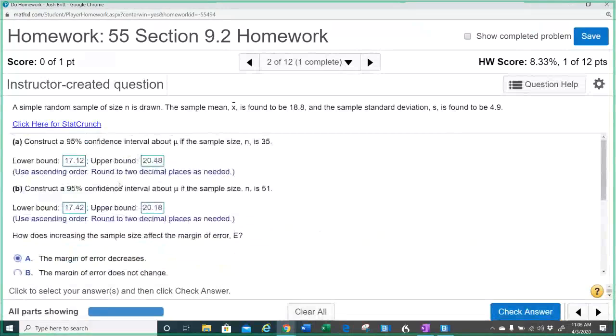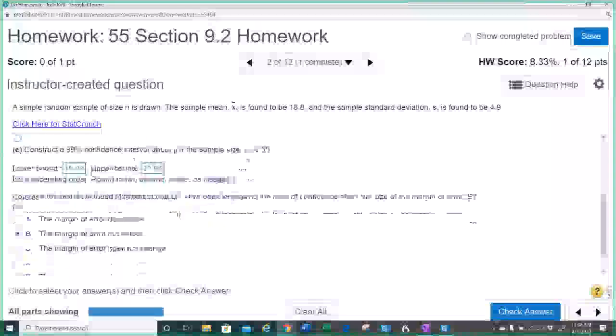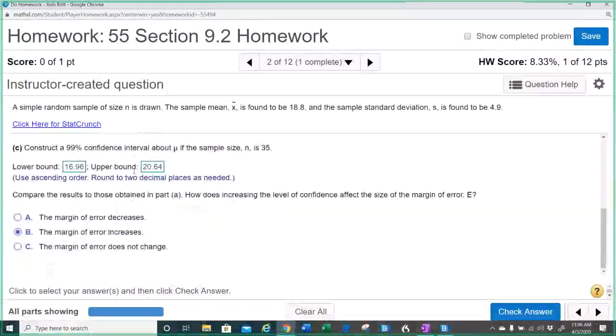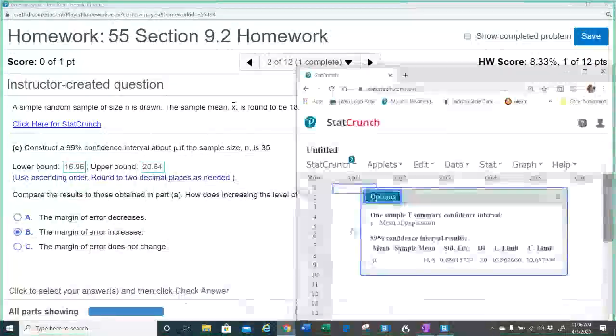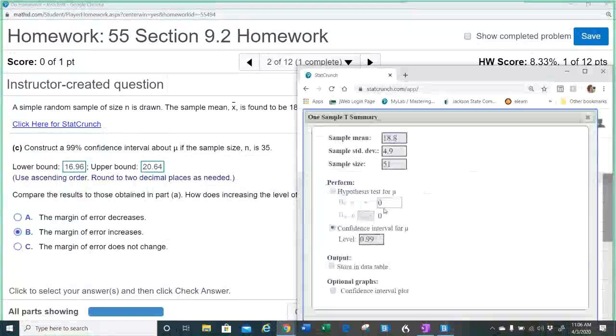And let's see, we've got 2 decimals. Check that real quick again. Oh, didn't change our sample size. Again, folks, change your sample size here. Okay, 99% confident, mean, standard deviation, and sample size is 35.